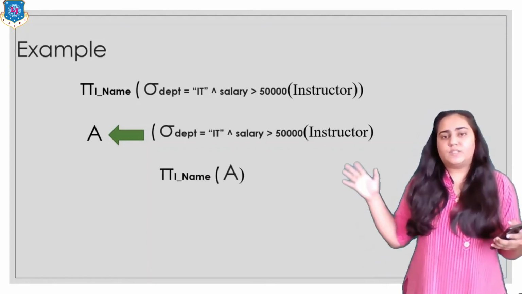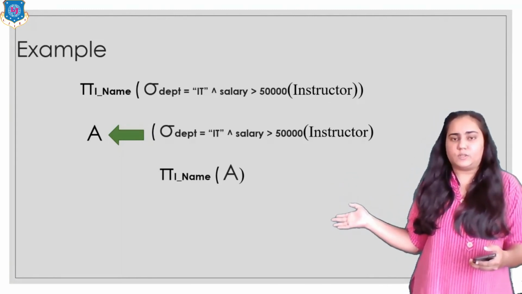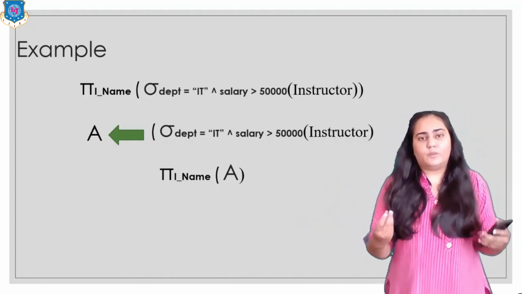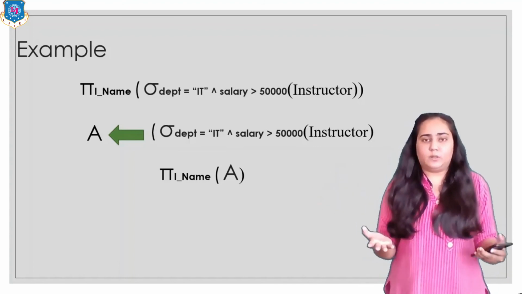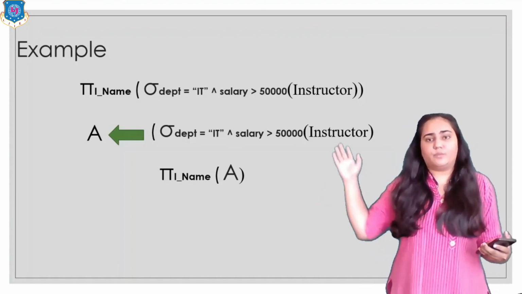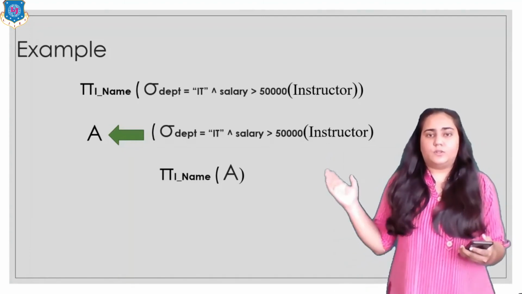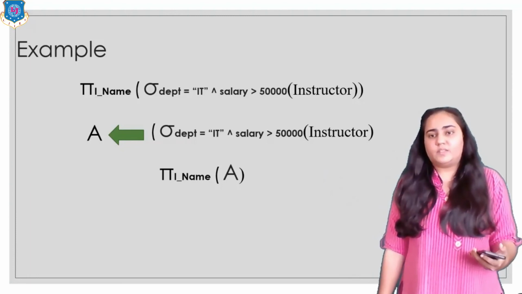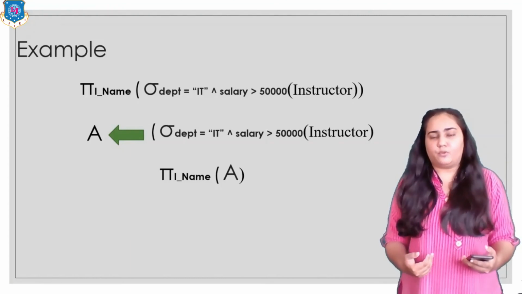And then I can use A as an input for my next operation, which is the pi operation, the project operation, within which I will pass A as an input. So A is nothing but a table now, which is the result of my previous query, which I can pass in the next one in order to get the same result.